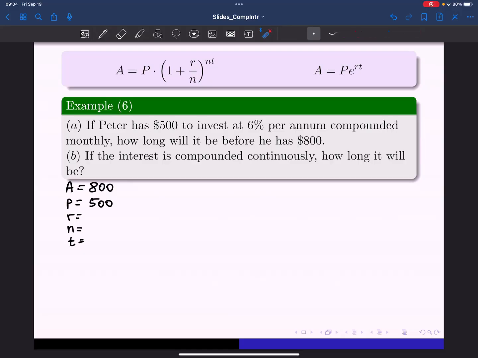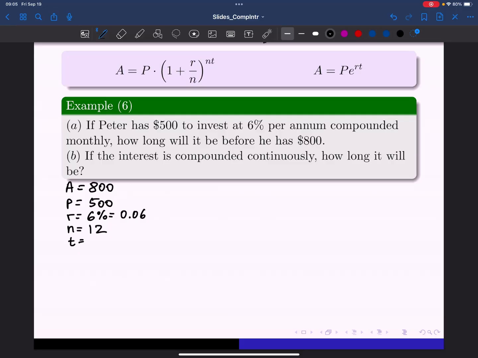R is the annual interest rate. So we have 6% per annum, means the annual interest rate is 6%. Change it to decimal, divide by 100. 6 divided by 100 is 0.06. N is how many times per year the interest is compounded. Monthly means 12 times per year.